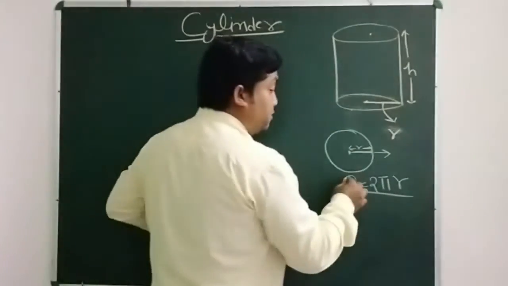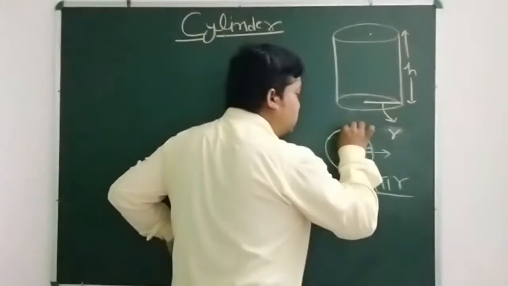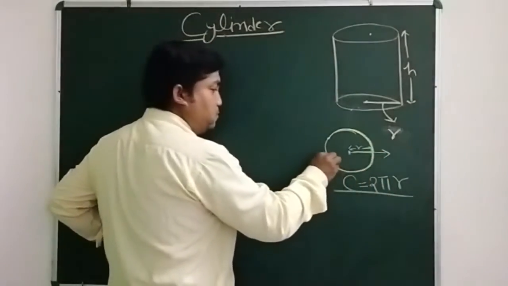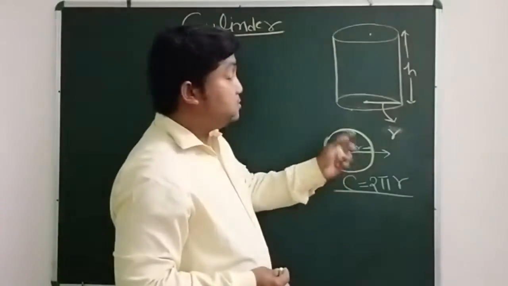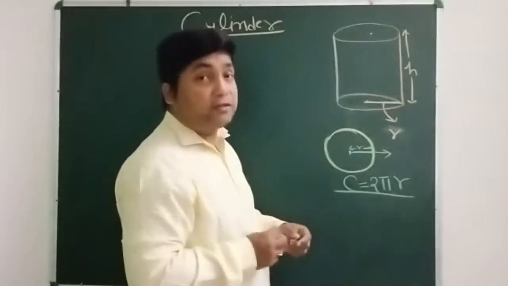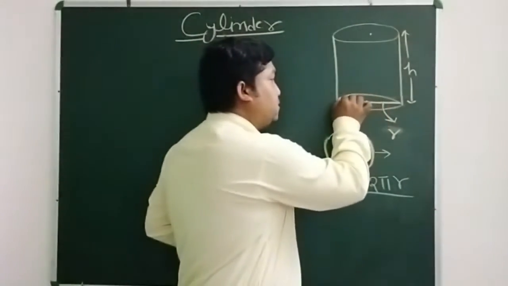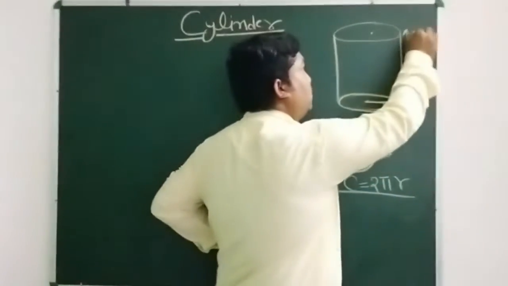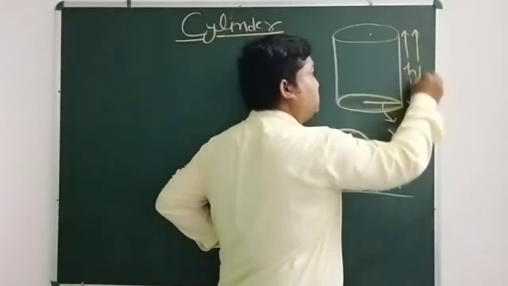Okay. So circumference, what is the meaning of circumference? The perimeter of the circle is known as the circumference. So if we want to find the curved surface area of the cylinder, we have to multiply the circumference into the height.